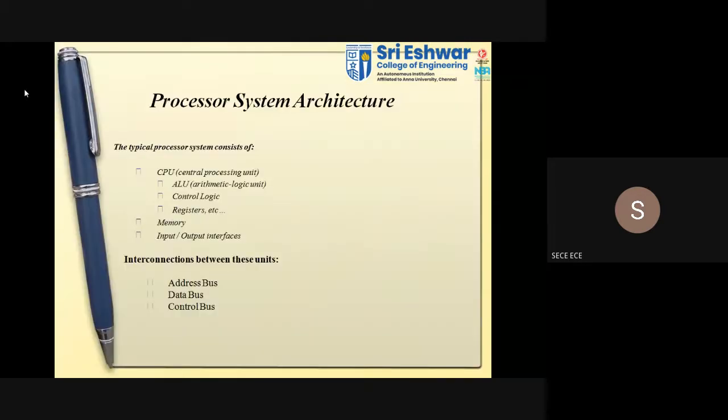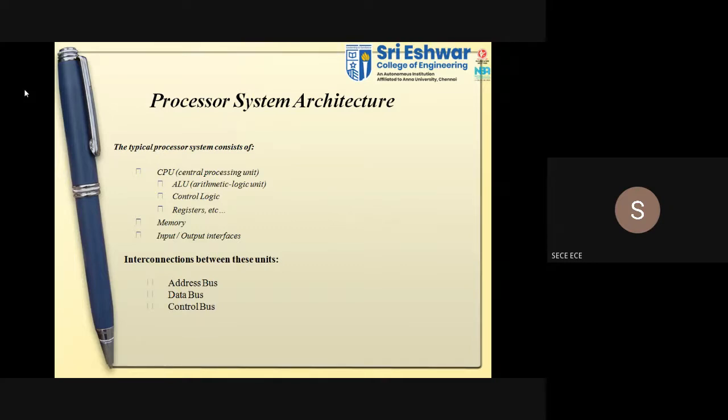So now I'm going to explain the typical architecture of 8085, which comprises of CPU, central processing unit, arithmetic logic unit, control logic, registers, memory, input output interfaces. All these are put together into a single function which is said to be an architecture, so that the system will execute an application.